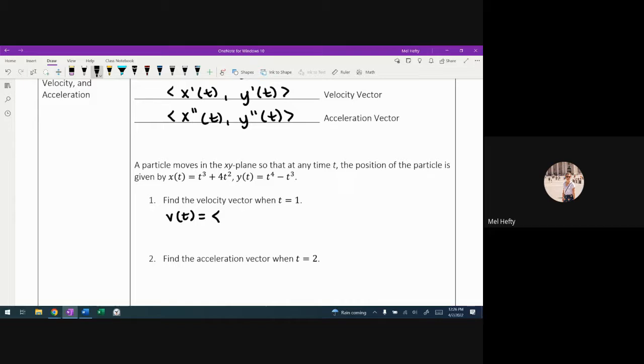Anyone feeling real brave about the derivative of t cubed plus 4t? Does anyone feel like doing t to the 4th minus t cubed?